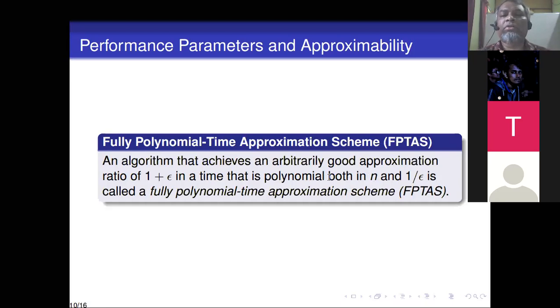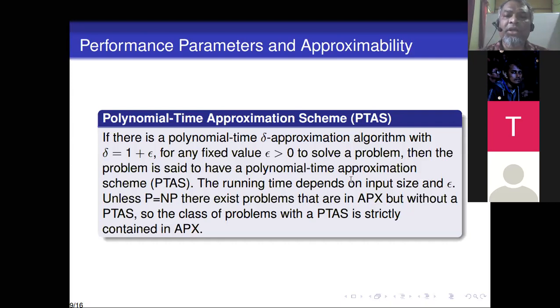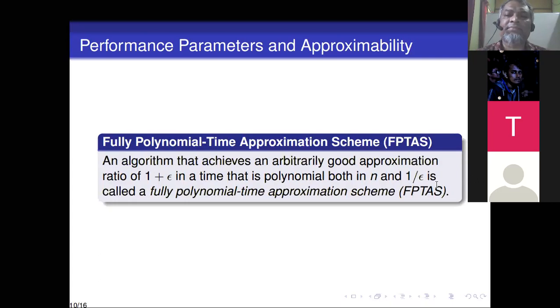Actually, for an approximation algorithm, its running time should be polynomial in input size, but we cannot guarantee anything about epsilon. It may be exponential in epsilon. But if it is an FPTAS, a fully polynomial time approximation scheme, then the running time is polynomial in both n and 1 by epsilon. This is the difference. Is it okay? Clear?